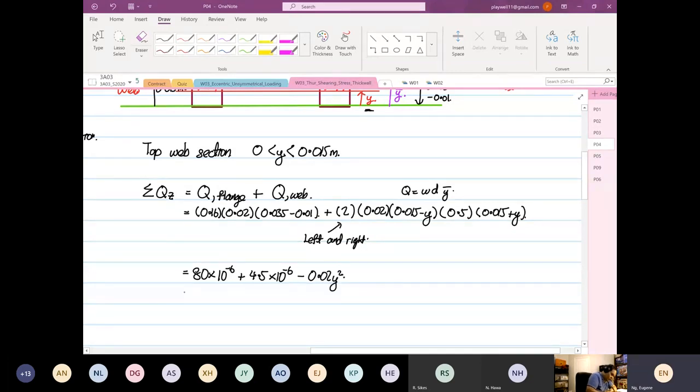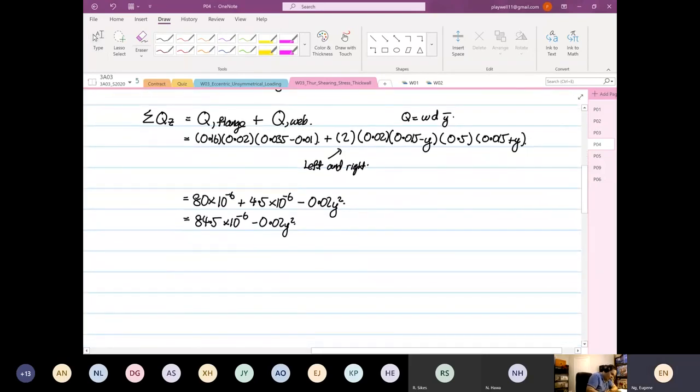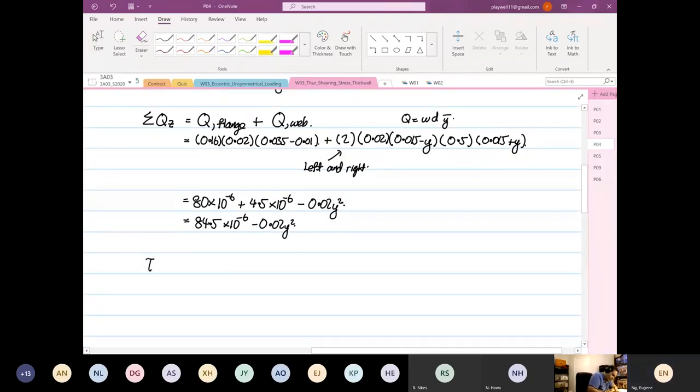Okay, so this will be equal to 84.5 times 10 to the power minus 6 minus 0.02 y squared. And then we can now calculate our shear xy of the web. So I write down the formula.